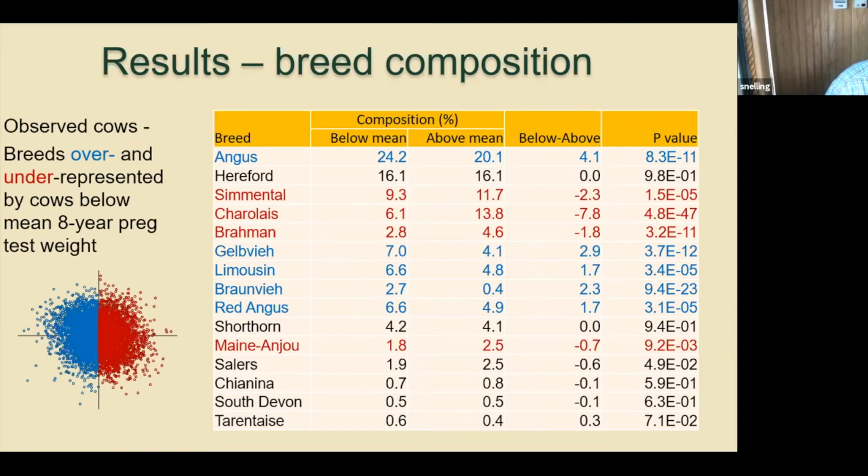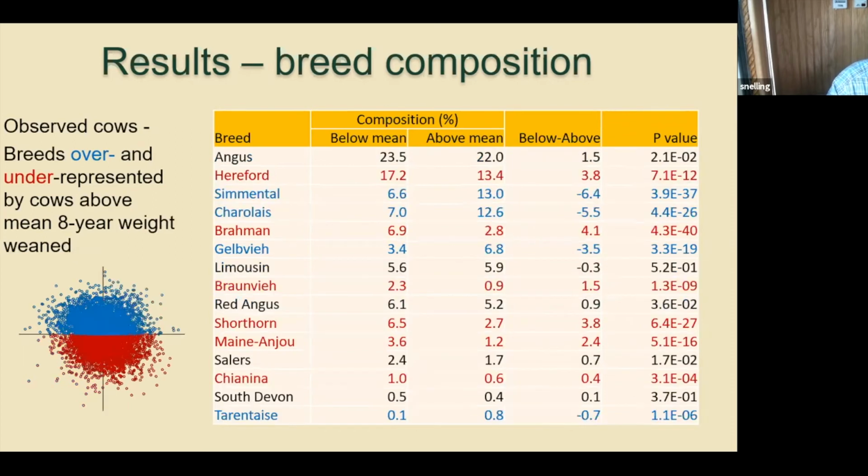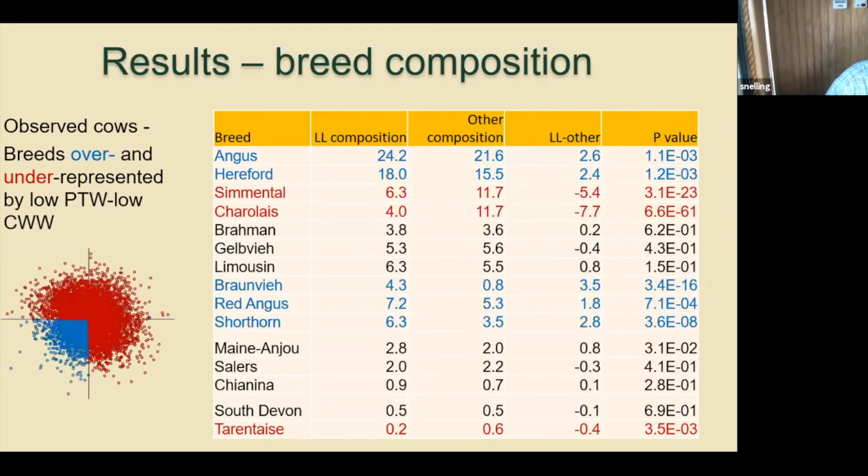So there are some differences for cow weight as well as weight weaned, either above or below the mean weight weaned. And then for each of the quadrants, we also see differences in what breeds contribute more to those, either in this quadrant or in the other three.